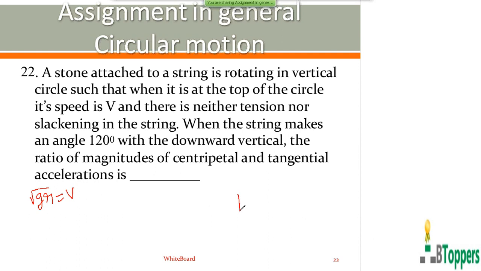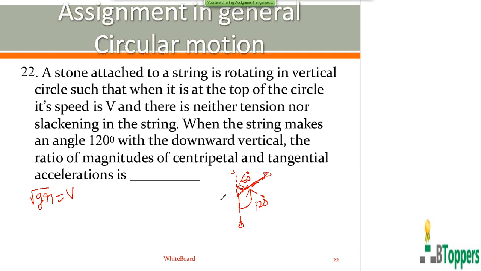So at the instant when the string makes an angle of 120 degrees with the downward vertical, the angle with the upward vertical will be 180 minus 120, that is 60 degrees.